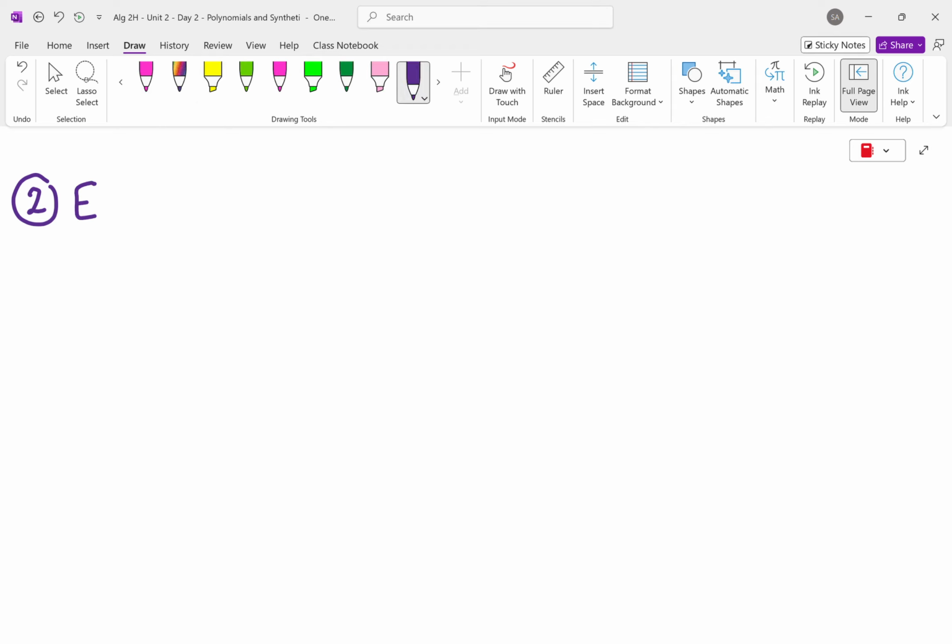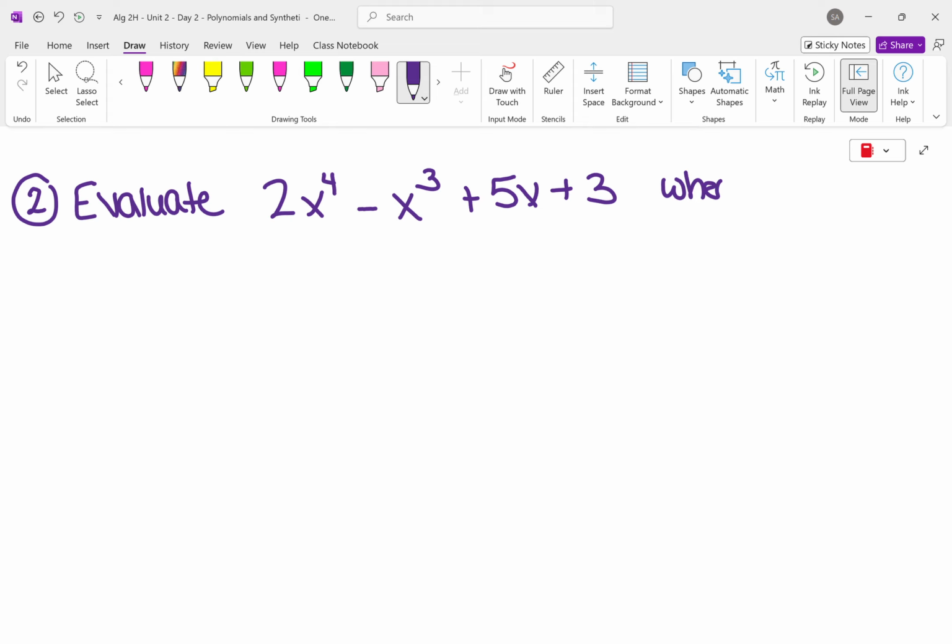So I want us to evaluate using synthetic substitution. 2x to the fourth minus x to the third plus 5x plus 3 when x equals negative 2.